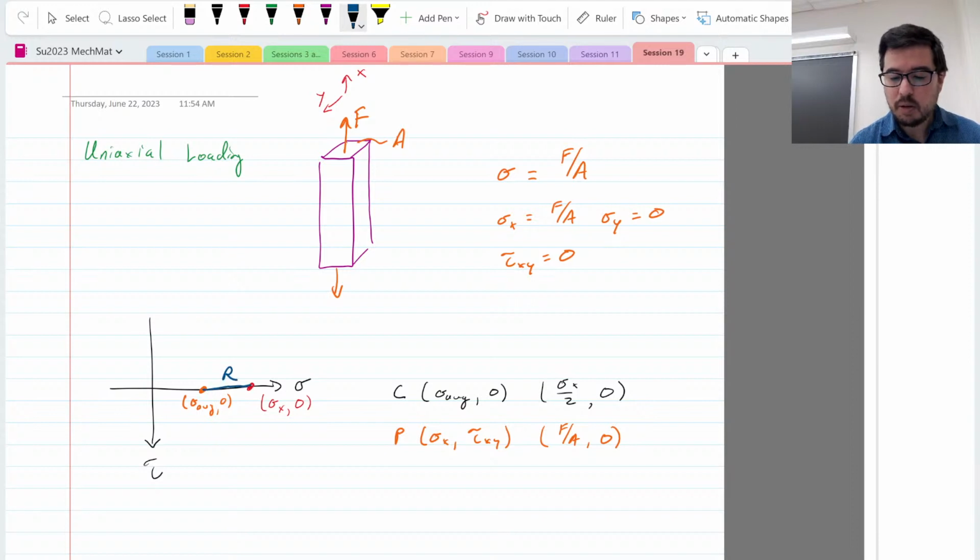That's R. The radius is actually not that much trickier here. It's actually sigma x minus sigma average. Okay. And now I can draw the circle, and I know it's going to hit the origin there.